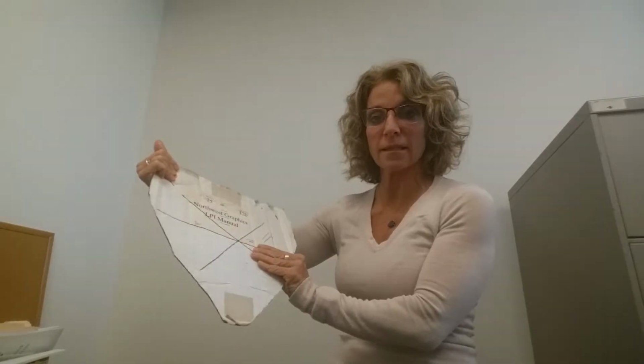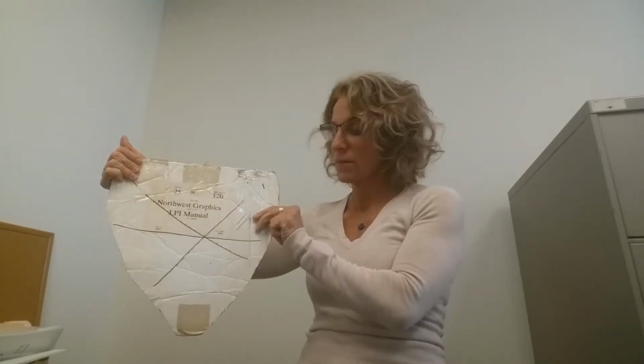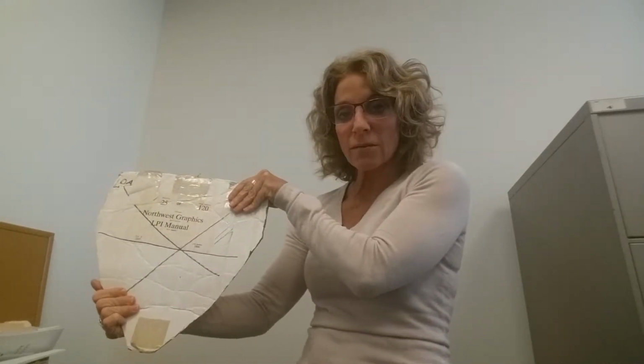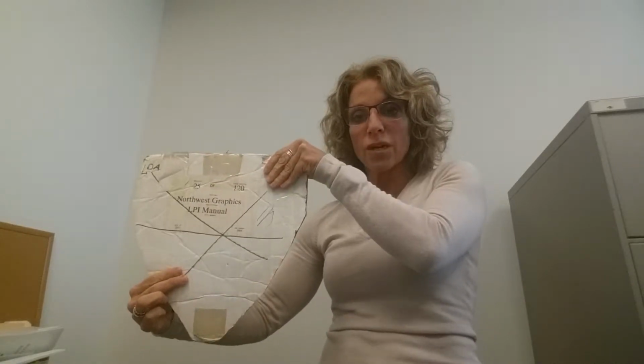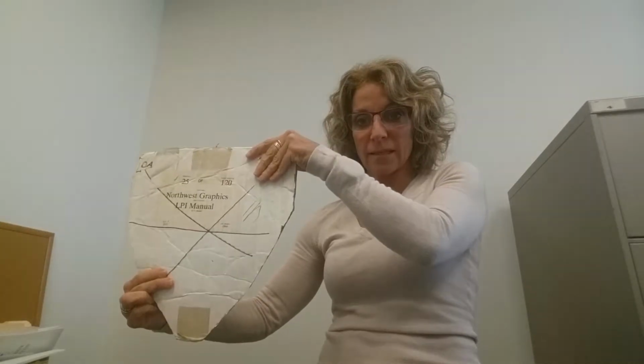So the sacrum rotates on the left oblique axis. It rotates to the left on the left oblique axis, and it rotates to the right on a left oblique axis. Okay? And whenever it's on a left oblique axis, it's the right base. Likewise, if I'm on a right oblique axis, the sacrum could rotate to the right on a right oblique axis, or it could rotate to the left on a right oblique axis.